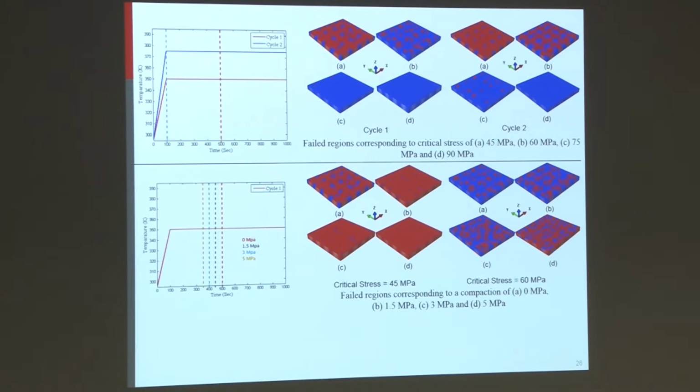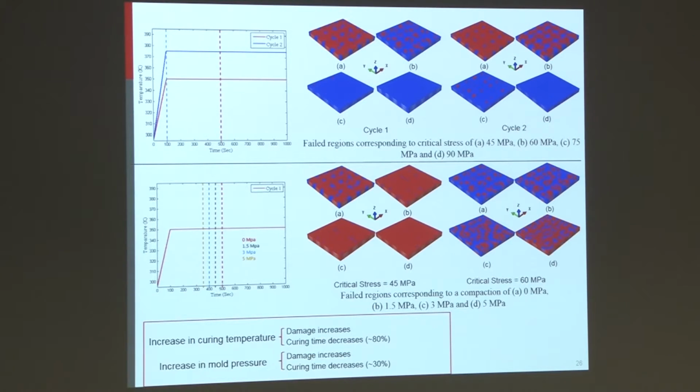So from such a study, we can optimize, we can say that increasing the temperature for this system has a better influence as compared to increasing the compaction because increasing temperature reduces the curing time drastically while imparting only little damage in excess to the first cycle.